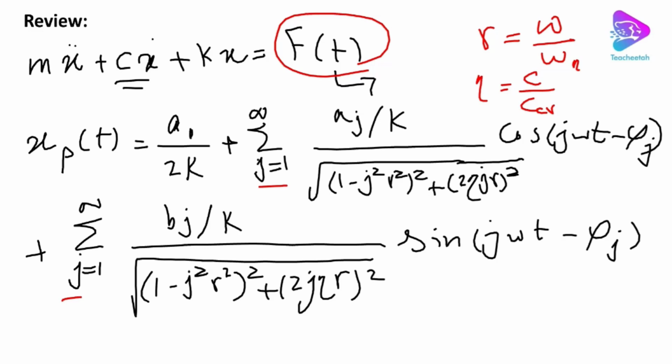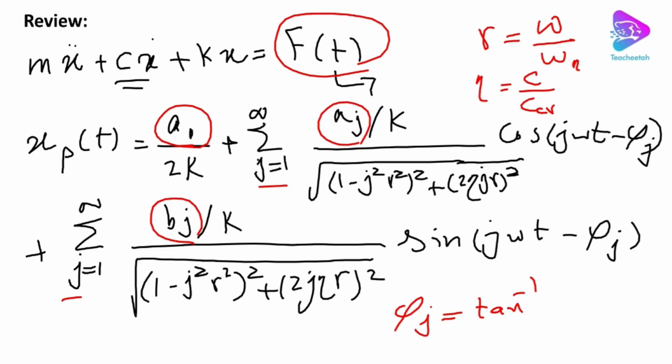So the only unknowns in this response are a naught, a_j, and b_j, and we found them in the previous slide, which are actually from f(t). So the only thing left is phi_j, which is equal to the tan inverse of 2 zeta j r divided by 1 minus j squared r squared.